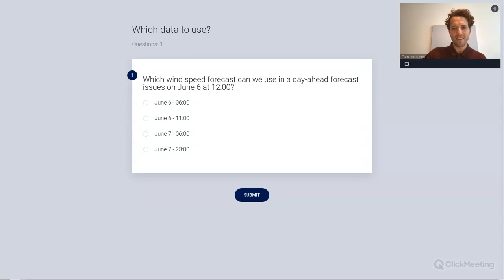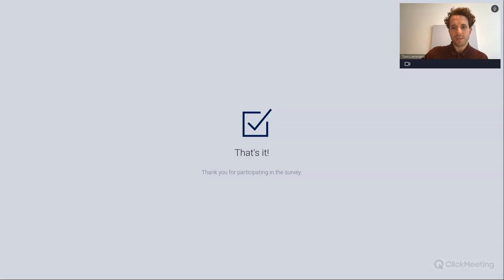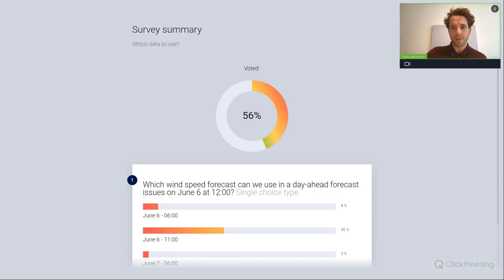All right. Now I press this and I think you should see the results. Share results. Here they come. So this is what you thought.